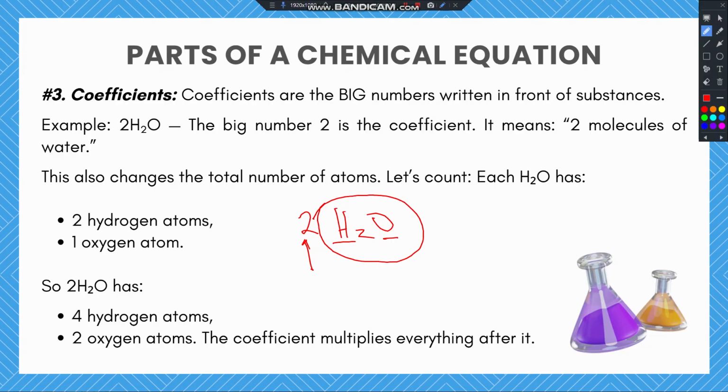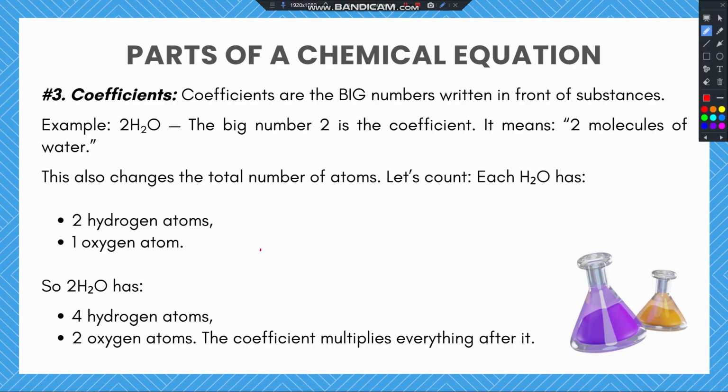If I were to ask you how many atoms of hydrogen are contained, I would simply say this 2 over here multiplied by the coefficient, which is 2. That gives us 4 atoms of hydrogen. And if I said how many atoms of oxygen are present, I would simply use the 2 to multiply oxygen, which is 2 atoms of oxygen that are present. I hope you see how the coefficient actually works.